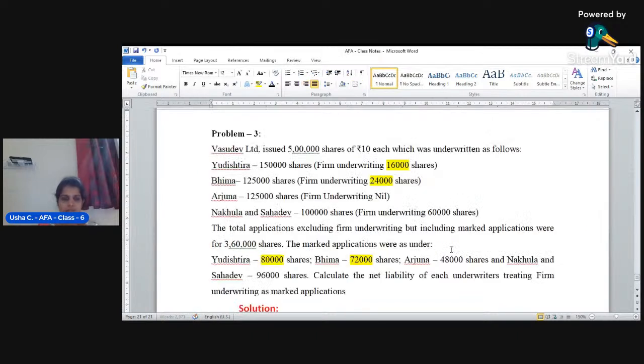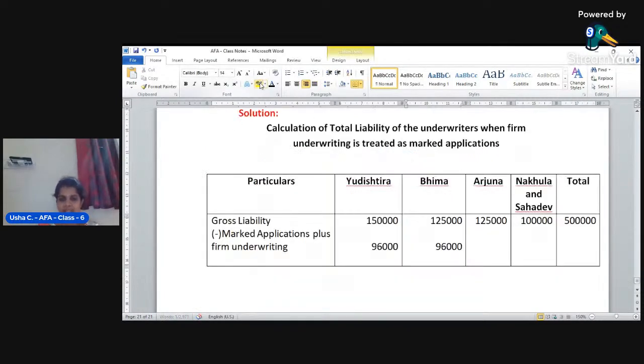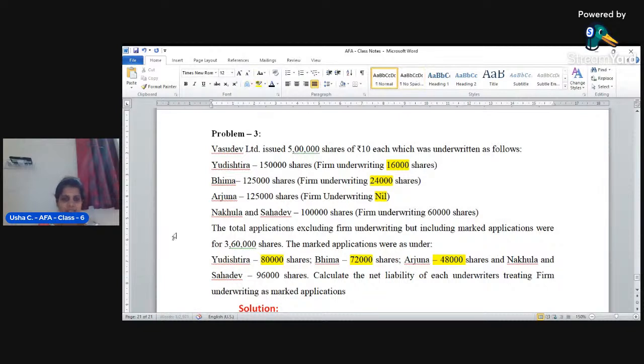Then Arjuna 48,000, whereas there is no firm underwriting, so directly we can take 48,000. Then Nakula and Sahadev: 96,000 of marked application and firm underwriting of 60,000.